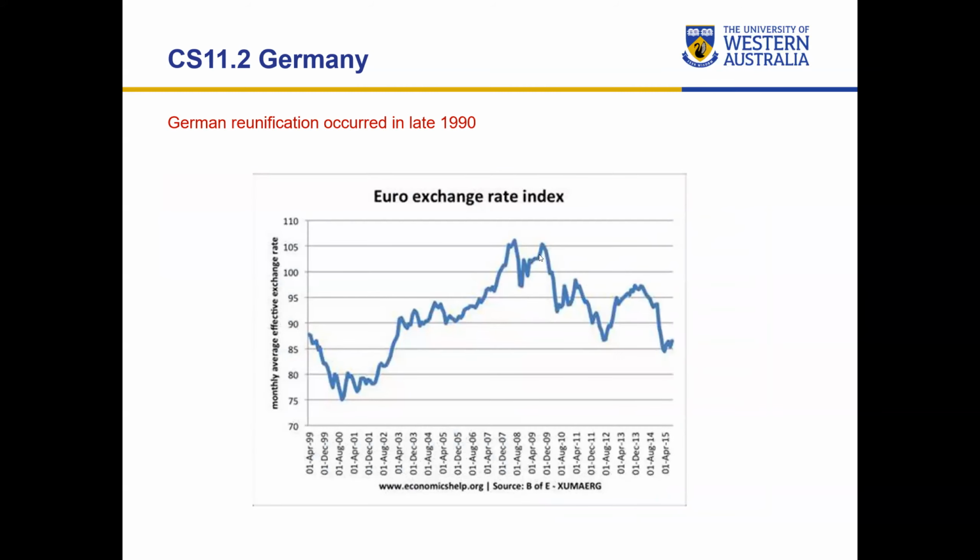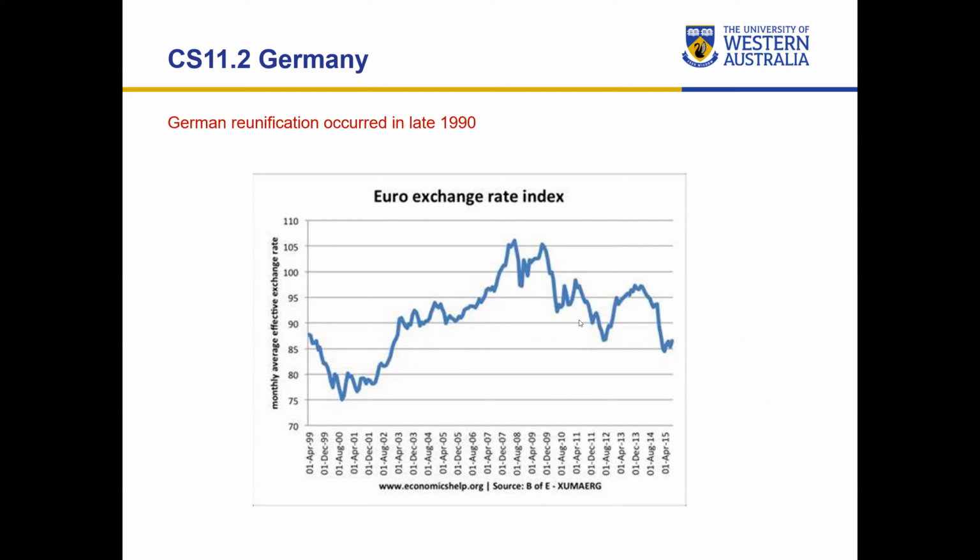Then we go to the next part of this diagram. From around about 2009, which is the GFC, the euro really struggled. Over this period was the European debt crisis, and a lot of countries got into a lot of trouble.